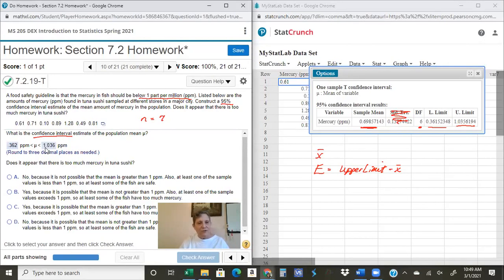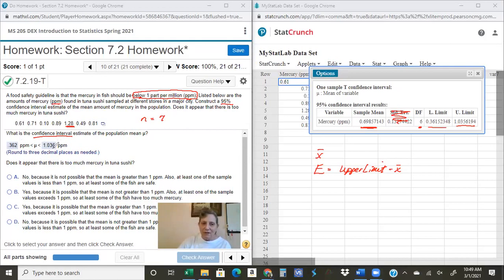Does it appear there's too much mercury? Okay, the allowable limit is that it has to be below 1 part per million, ppm. These are all in ppms. Now, only one of these was above, but the confidence interval for the population is from 0.362 up to 1.036.